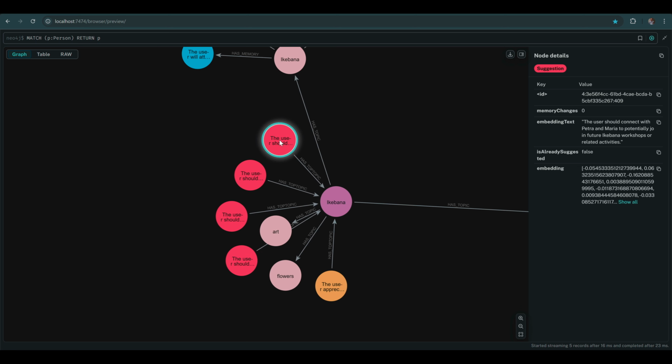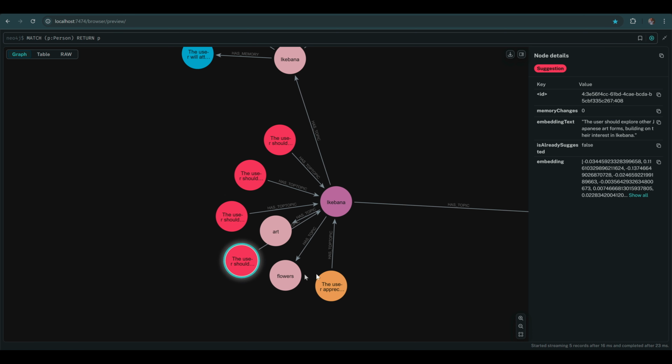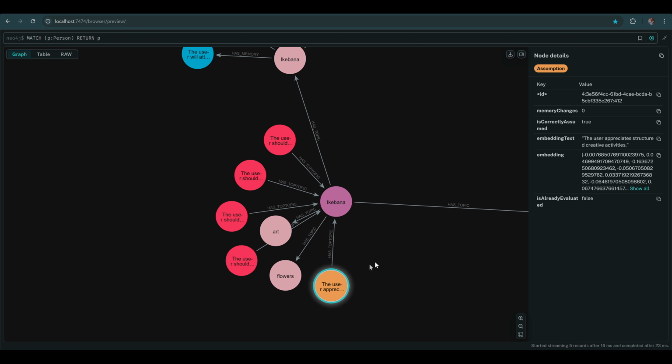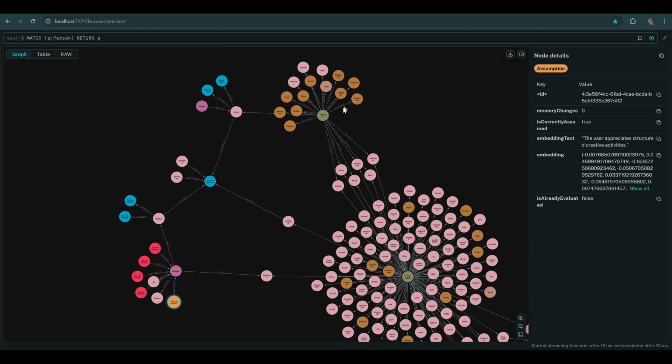Something like we should connect with Petra and Maria, we should develop our skills regarding it, and it has the assumption that I appreciate structured creative activities. So as you can see, this is like spreading a network. Depending on how much time you let the LLM which manages the database spend, you get then better results.